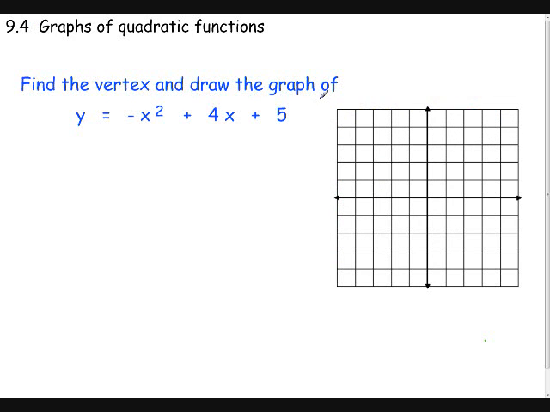Find the vertex and draw the graph of this. Okay, find the vertex. Well, I could do it with a T-chart. Want to try that?